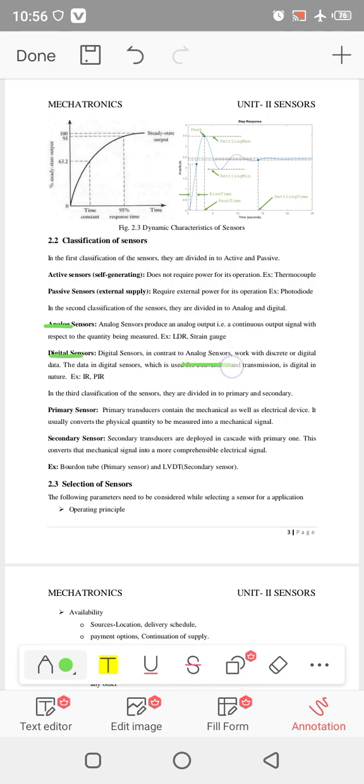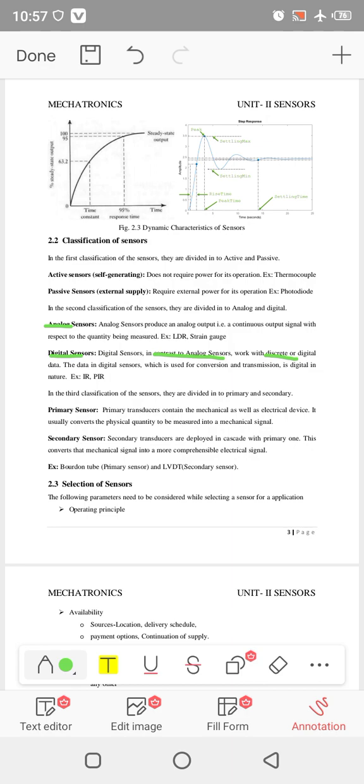Let's read this one. The type of analog sensor is the LDR, light dependent resistor, and the strain gauge.